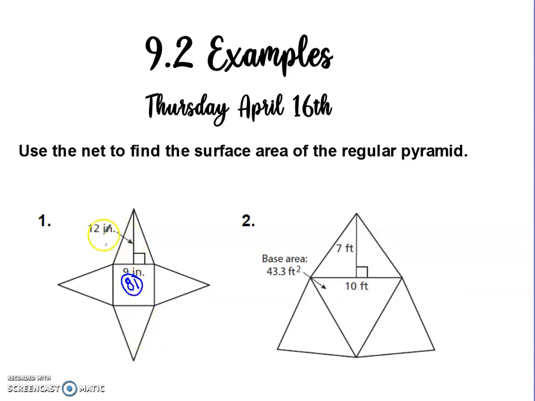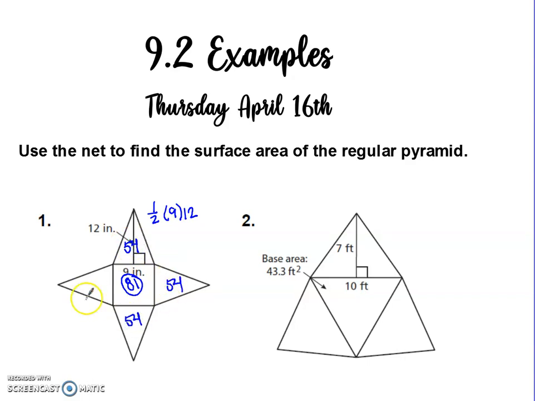Now we need to take the area of one lateral face. 1/2 base times height. I hope we're getting the hang of taking the area of things quickly and efficiently. Base is 9, height is 12. Half of 12 is 6, and 6 times 9 is 54. So the area of one of these is 54. That means that all of these are 54.